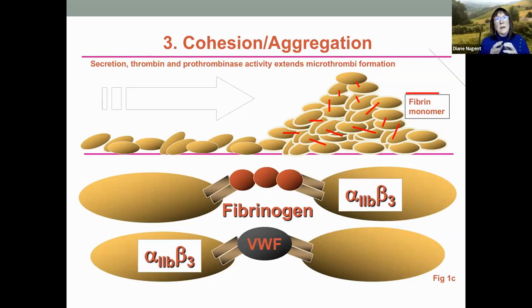If you think about it, our blood is full of fibrinogen and full of von Willebrand's protein, and it doesn't stick to the platelet. And that's because it will only stick once the platelet is activated. This is another miracle of how we're all made, and just the miracle of clotting, really, is that all the building blocks you need are bathing that platelet, but they will not bind until you get to the site of damage, and it'll only bind when the platelets are ready for you to bind.